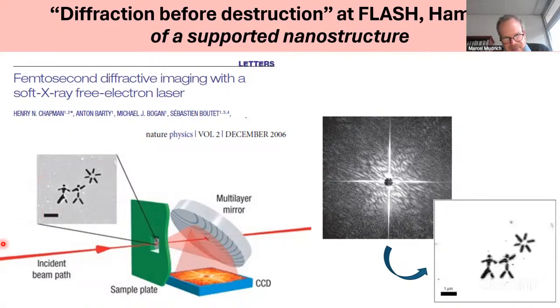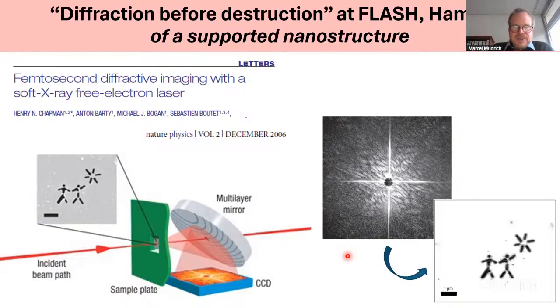Of course, this method works only on a single-shot basis, because a single femtosecond X-ray pulse, even if it's a soft X-ray pulse, that is intense enough to create a whole scattering image is intense enough to destroy this sample. So actually, they had a whole array of these samples, and for every laser shot, they had to move in a fresh sample and then record another scattering image.